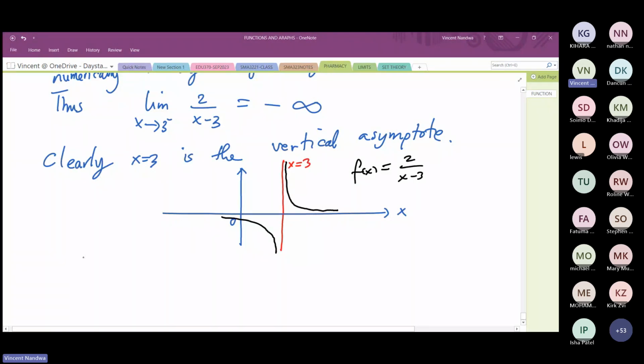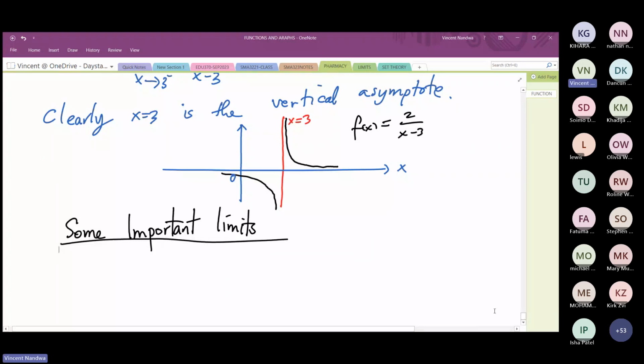So some important limits. Please read the handouts I shared to appreciate how these results are obtained. I'll state them without proof, and they'll help us to do some problems when it comes to differentiation. Limit as x approaches 0 of sine x over x is always 1.